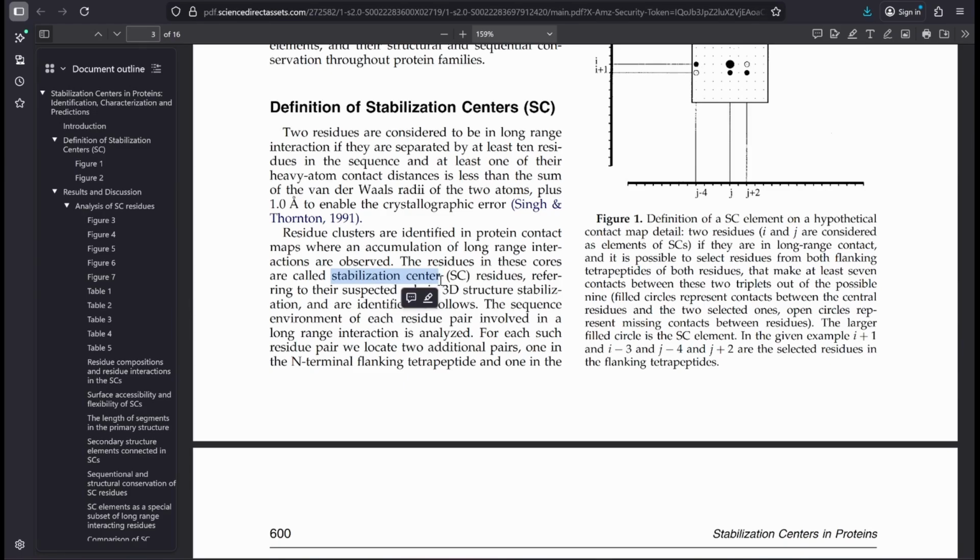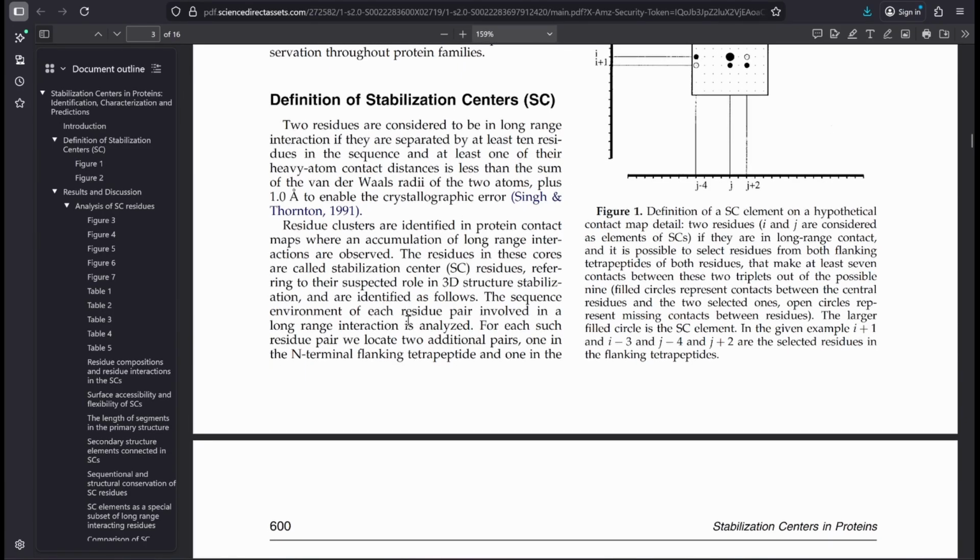As we know, long range contacts mean that distant residues are forming contacts, so very likely they will stabilize this particular fold of the protein, right? Wherever in the contact map you see a clump or a cluster of long range contacts, the core of this cluster will be called the stabilization center. It's quite possible that in the 3D structure they have an important role in the fold of the protein.